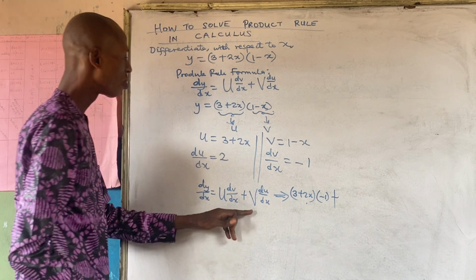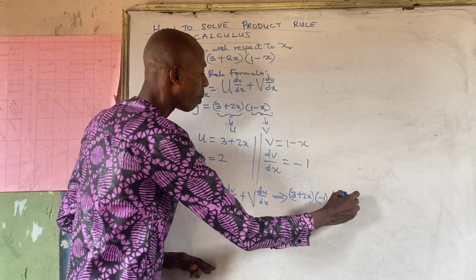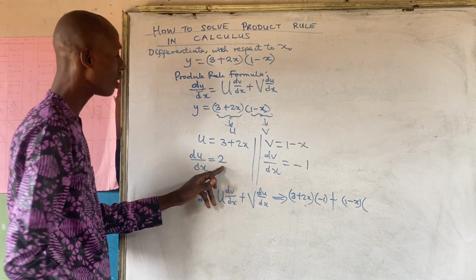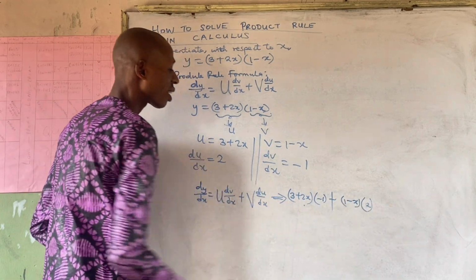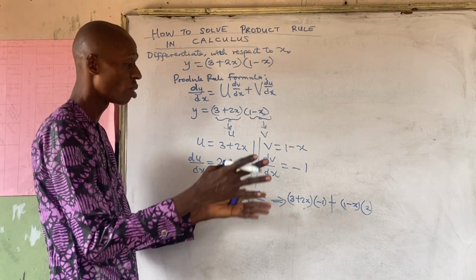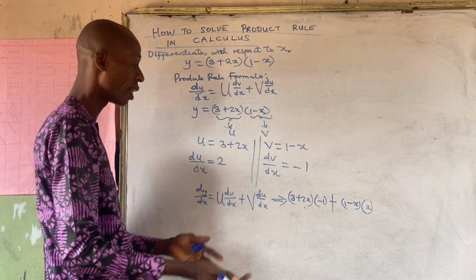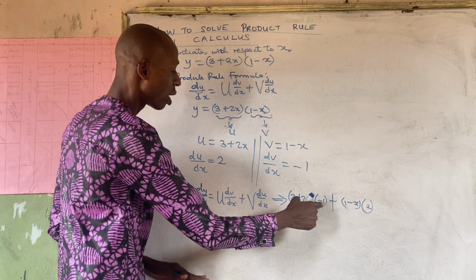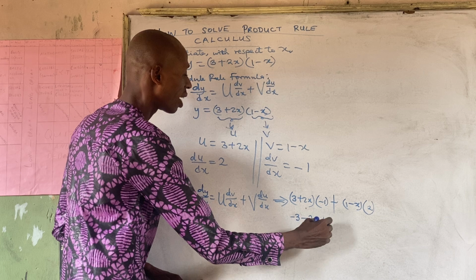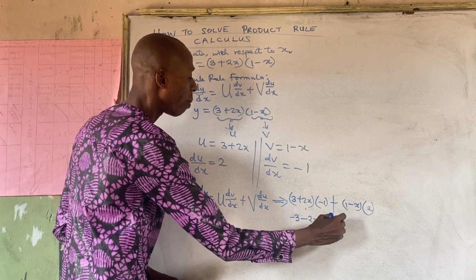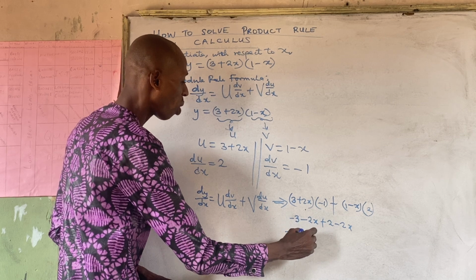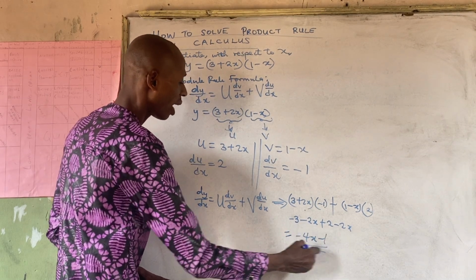Then plus v is 1 minus x, and your du/dx is 2. It's as simple as that. In fact, this is the answer. All you just need to do is some rearrangements here and there. By the time you rearrange, minus 1 times this, you have minus 3 minus 2x, then plus 2 minus 2x. And by the time you bring them together, you have minus 4x minus 1. And that is the answer.